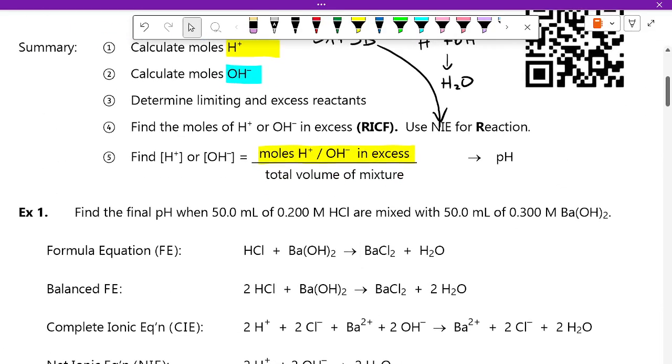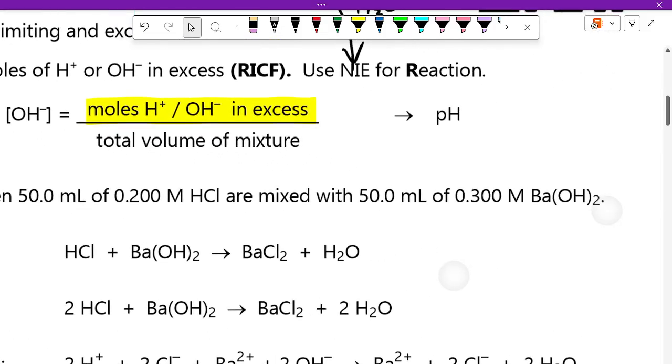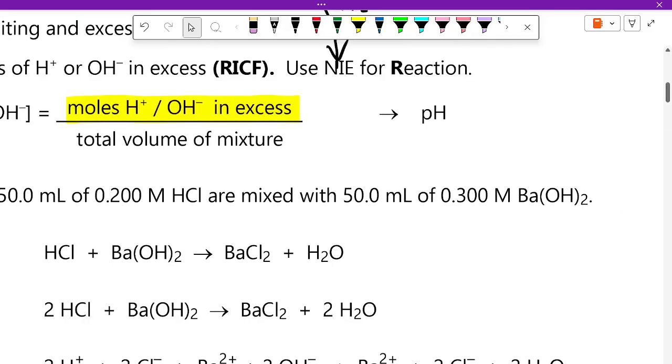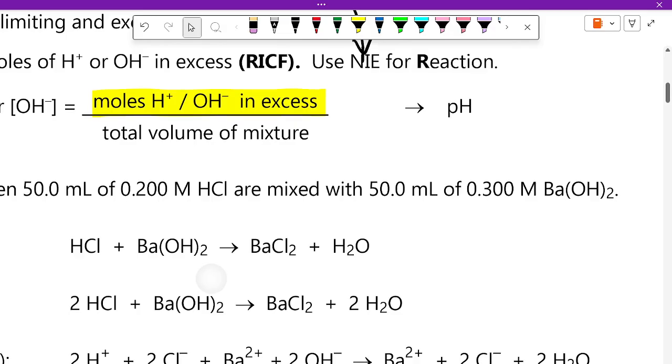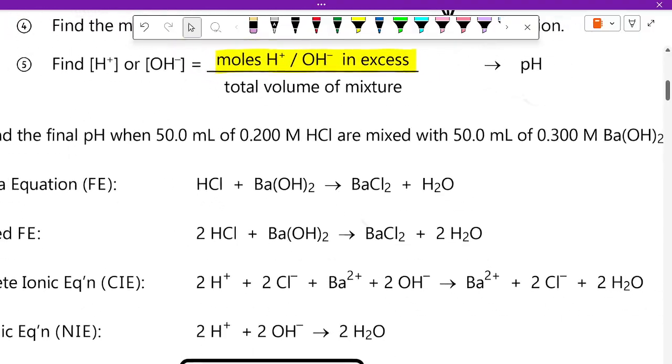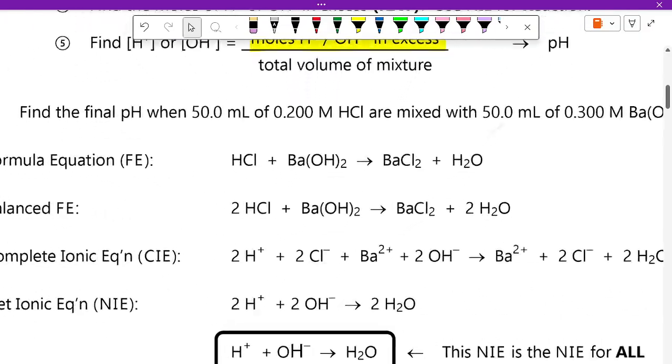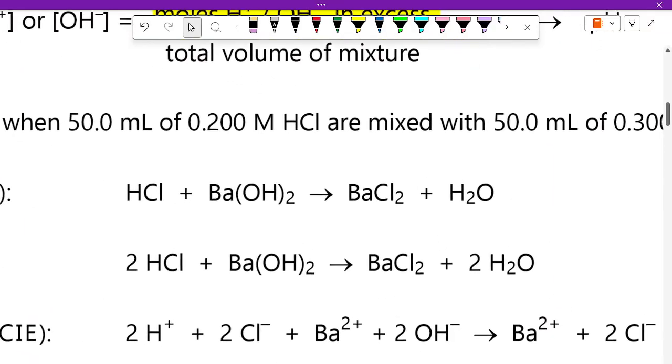So let's find the final pH when 50 milliliters of 0.2 molar HCl are mixed with 50 milliliters of 0.3 molar barium hydroxide. And you might think to yourself, who's in excess? Let's find out. Okay, we have our formula equation, which is HCl plus Ba(OH)2 gives BaCl2 plus H2O.